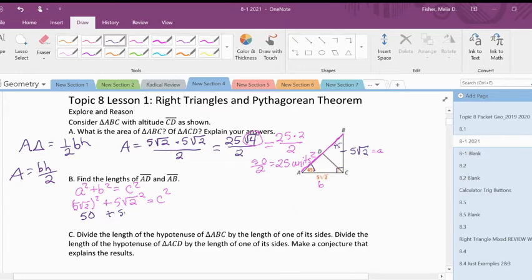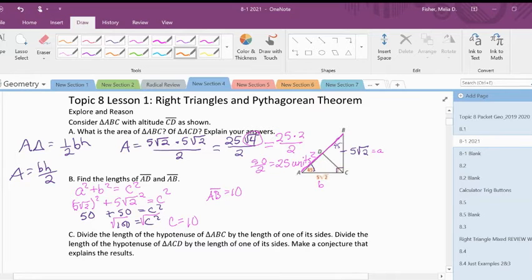Plus 50 equals c squared, which means we have 100 equals c squared, and then we have to take the square root of both sides of the equation, and we get that c equals 10. So AB equals 10. That's the length of the whole thing.